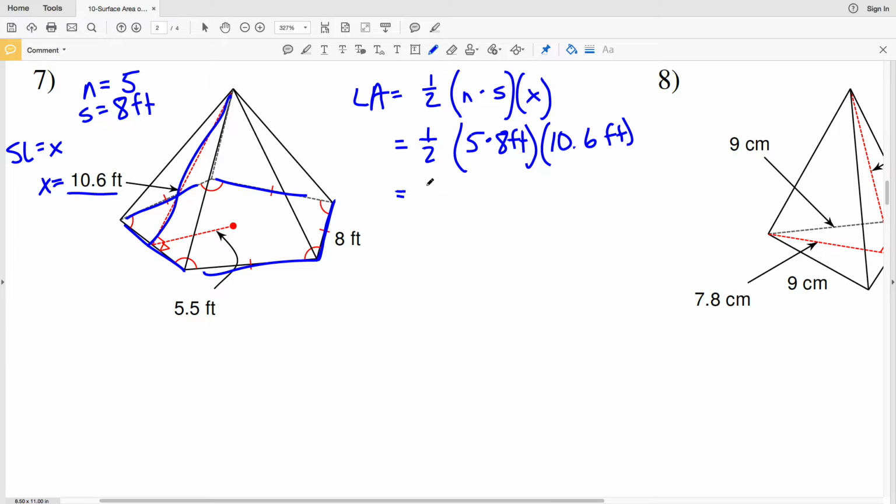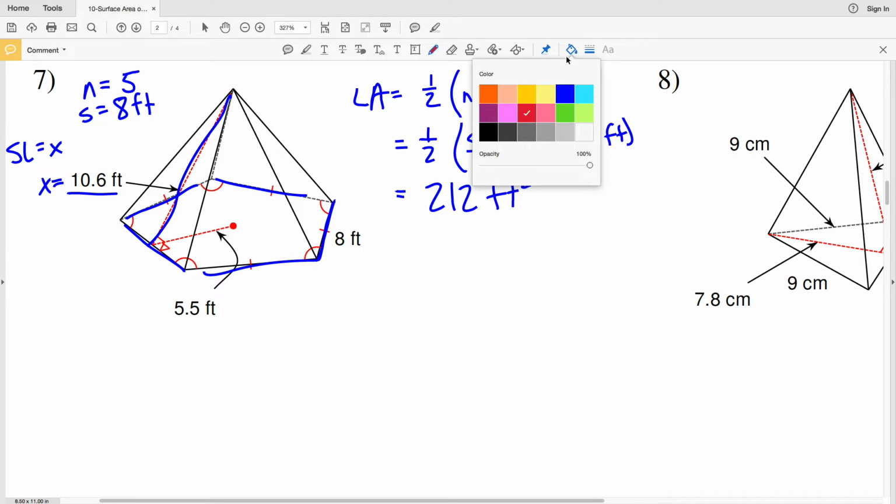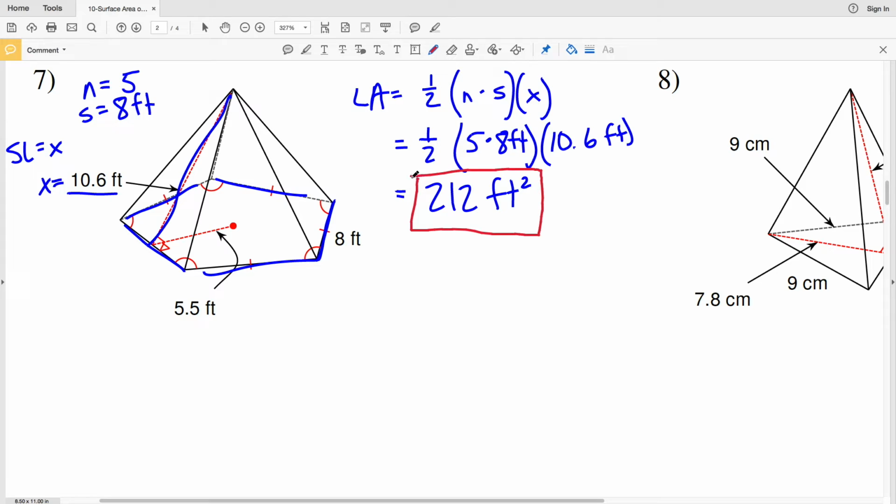So 1/2 of N times S, 5 times 8 feet, will get multiplied by 10.6 feet. So we'll have 1/2 of 5 times 8, that's 1/2 of 40, which is 20, and when we multiply that by 10.6, we get 212 feet squared. So lateral area in number 7 is 212 feet squared.